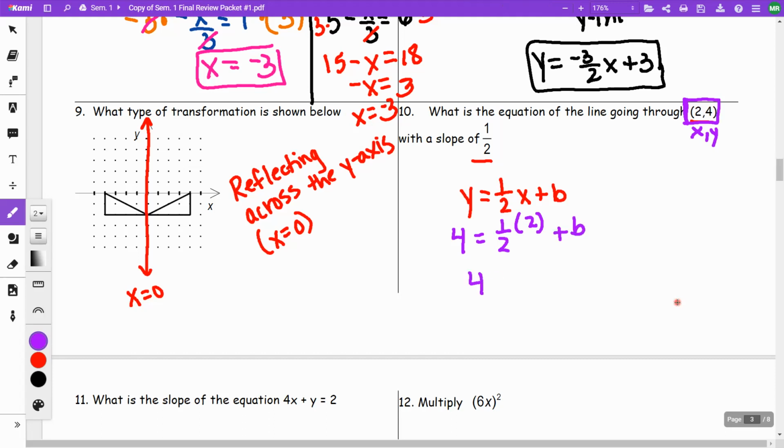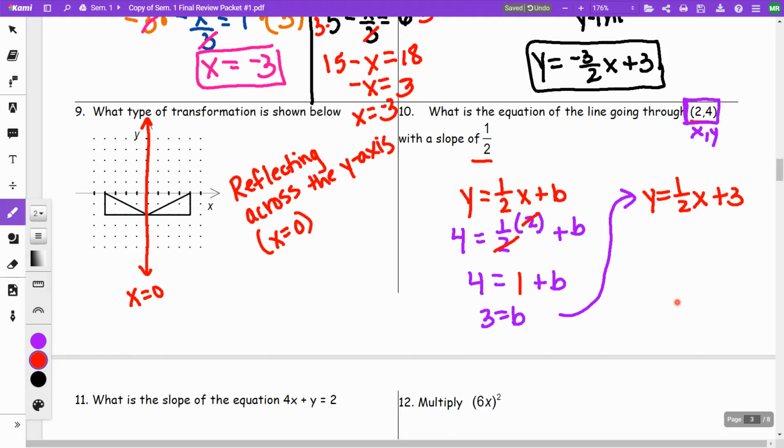So I'm going to get 4 is equal to, now here it's 2 over 2, or that 2 and 2 cancel, and I get a 1 plus b. I'm going to minus 1 from both sides, and I get b is equal to 3. So my goal was to write an equation. So I know it's going to be 1/2 x, they told me that, plus 3. That's our equation.